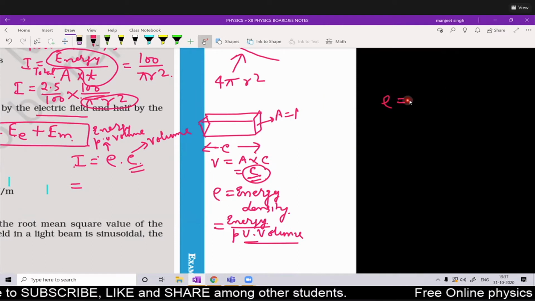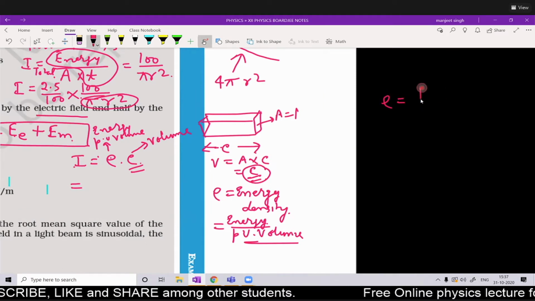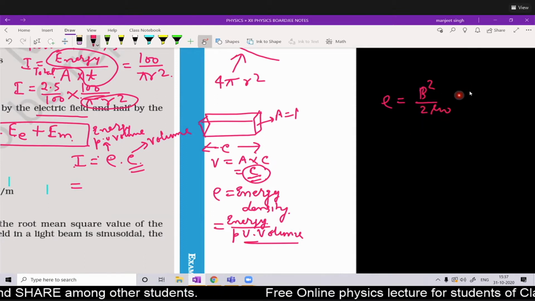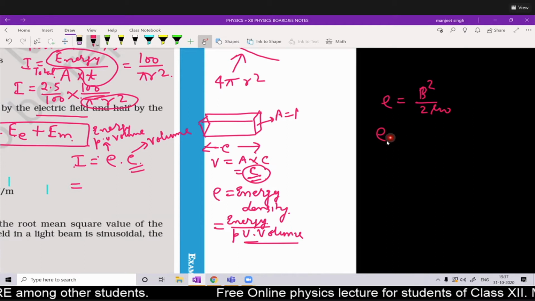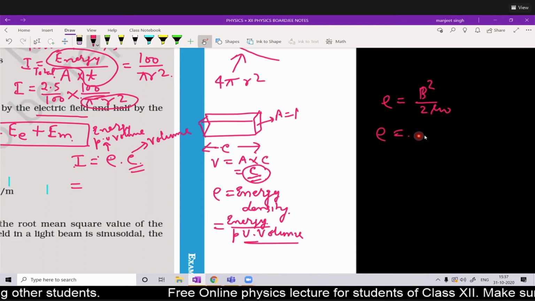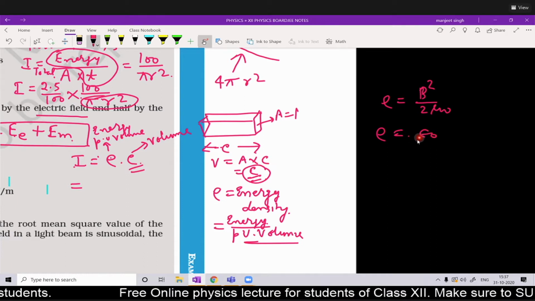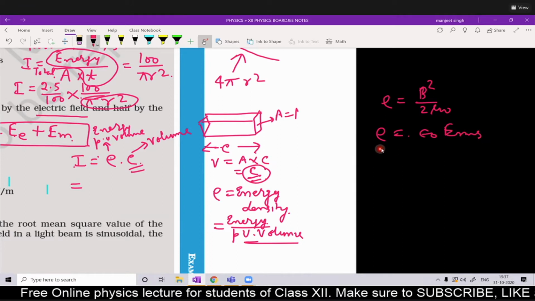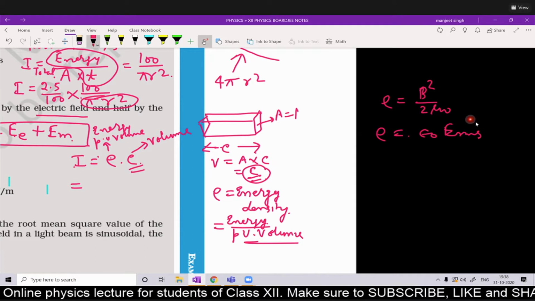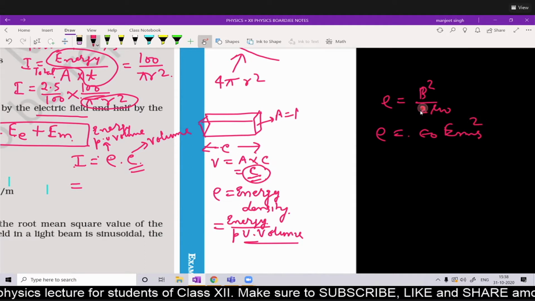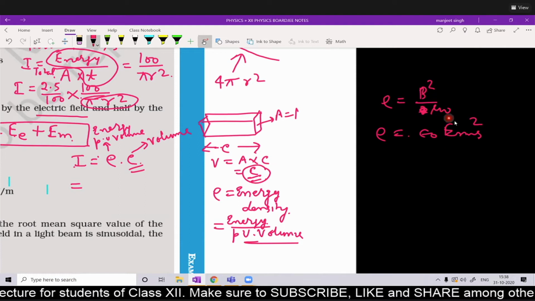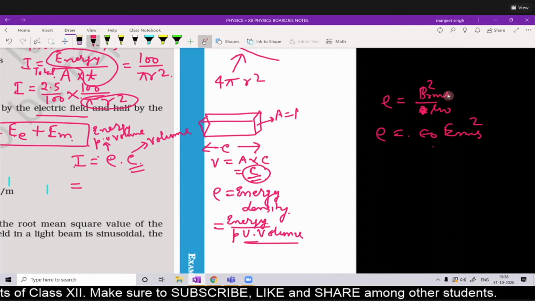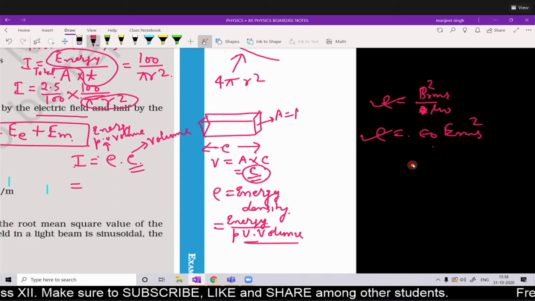Energy density rho is B square upon 2 mu 0 in magnetic terms, and energy density rho is defined as epsilon 0 ERMS square in electrical terms. This is BRMS. So these are the two ways to express the energy density.